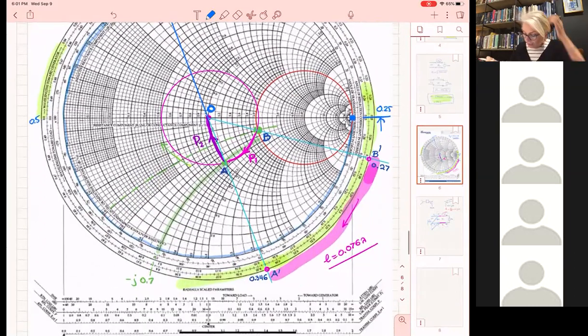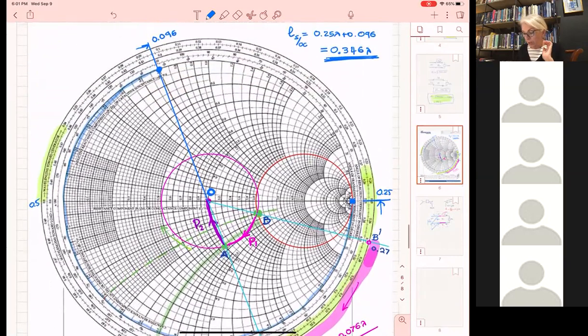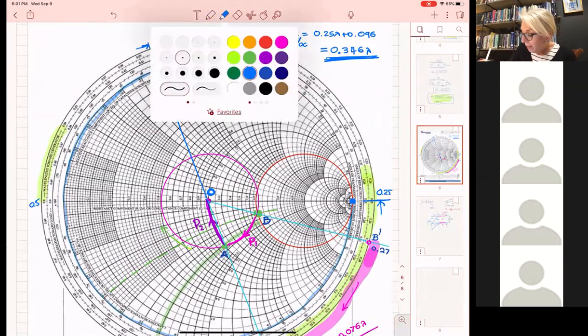Now, let's see if the stub were to be short-circuited. If the stub were to be short-circuited, where would you start? Left-hand side. Exactly.